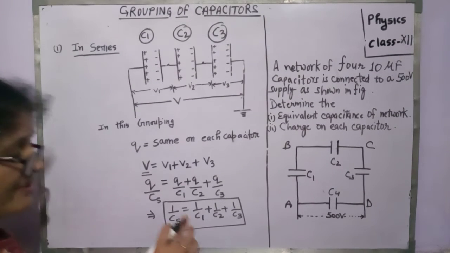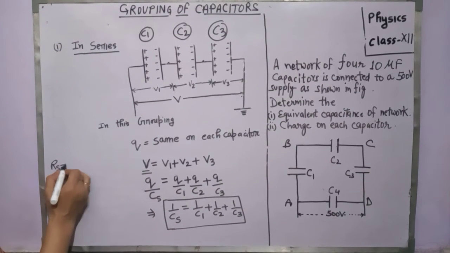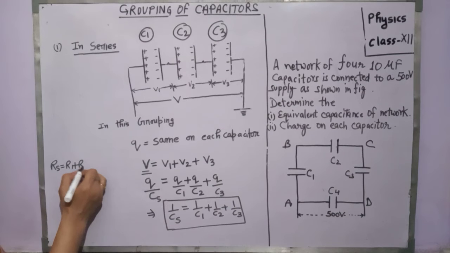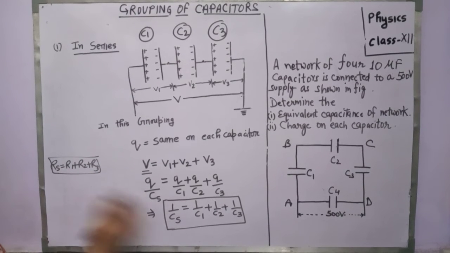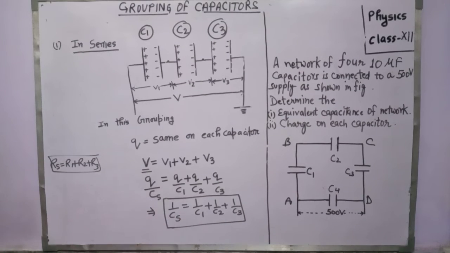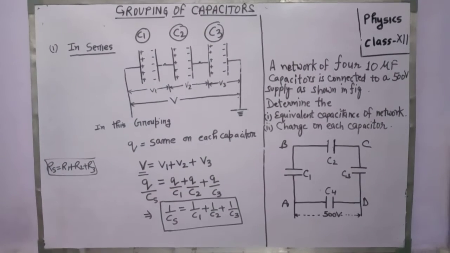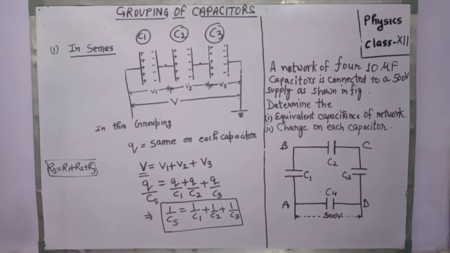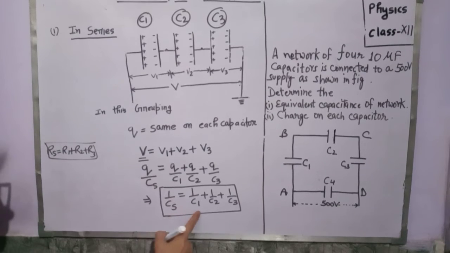Whereas when the resistances are connected in series, the formula is Rs is equal to R1 plus R2 plus R3. This formula is for the resistors connected in series, and for the capacitors in series this is the formula.